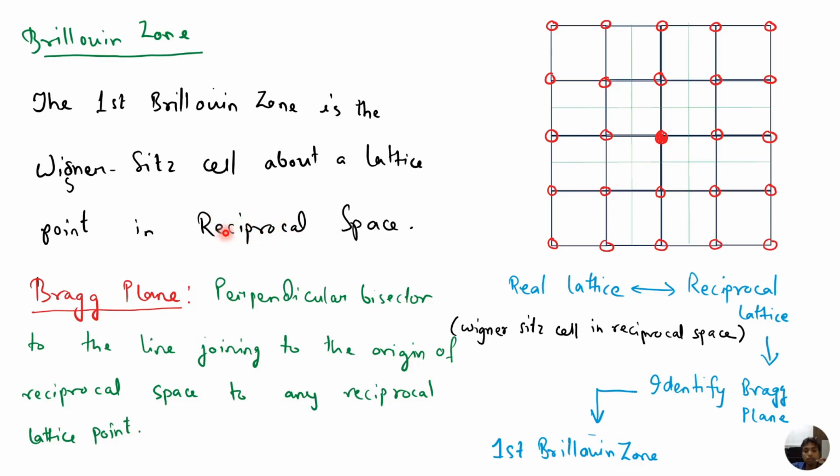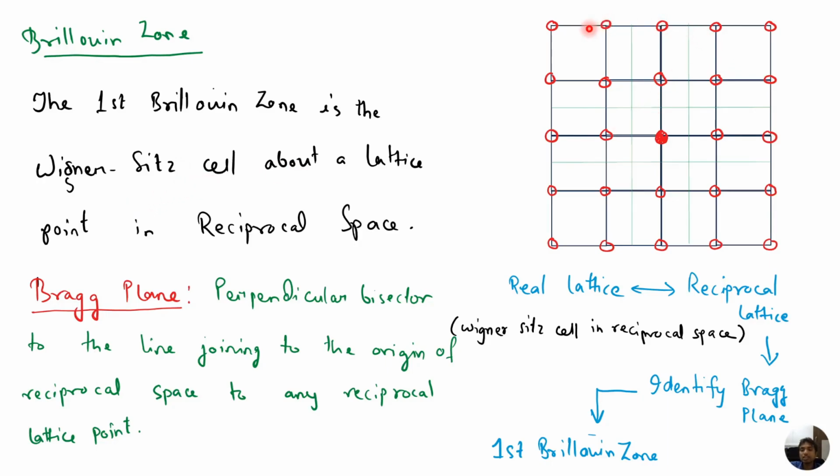You construct a Wigner-Seitz cell about a lattice point in the reciprocal space. Then, when we specify that it is the reciprocal space, we say that the Wigner-Seitz cell is your first Brillouin zone corresponding to that chosen lattice point.